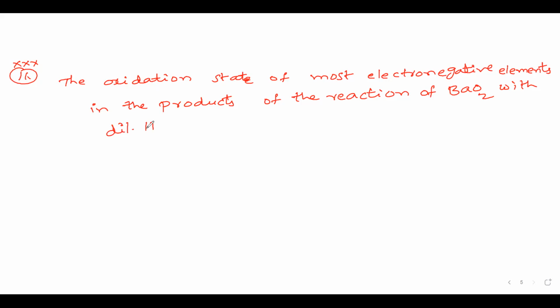Remember the questions. They are not asking the products, they are asking the oxidation state of the products. So you should definitely know this reaction, then only we can identify the products and write the oxidation states of the most electronegative element, oxygen. Otherwise you cannot proceed with this equation.